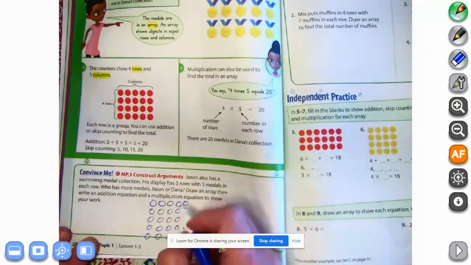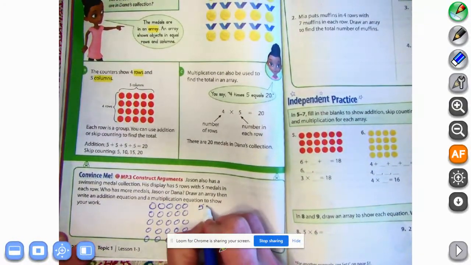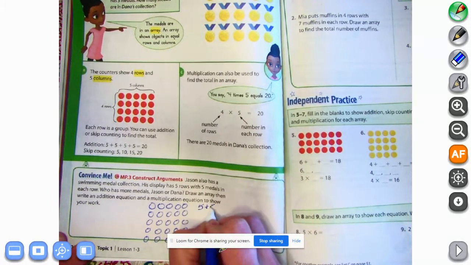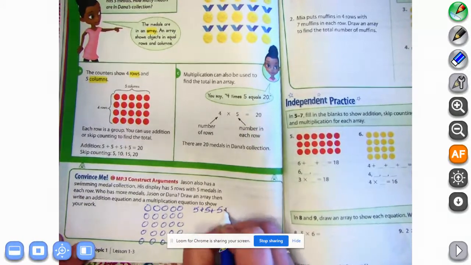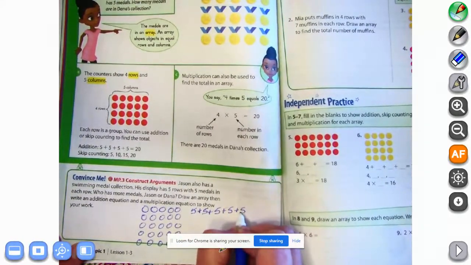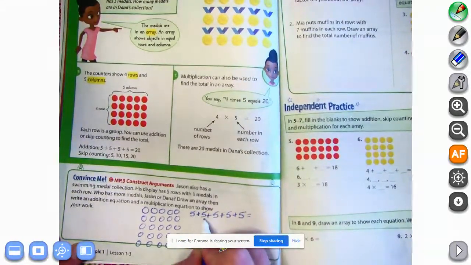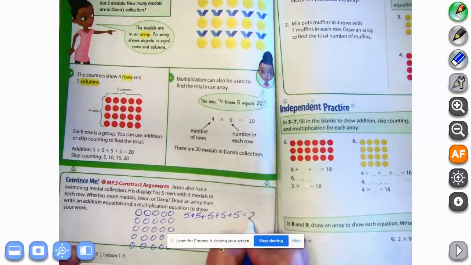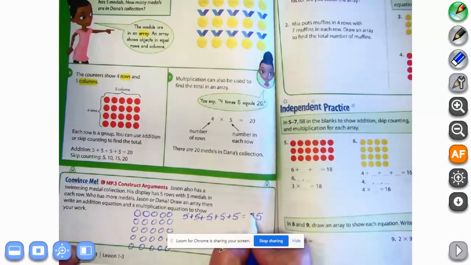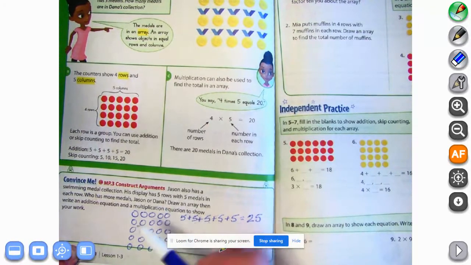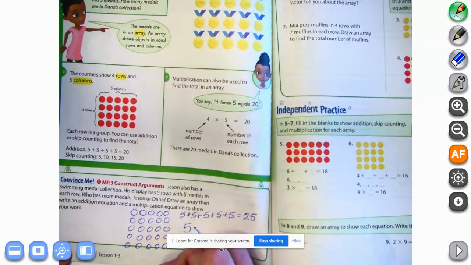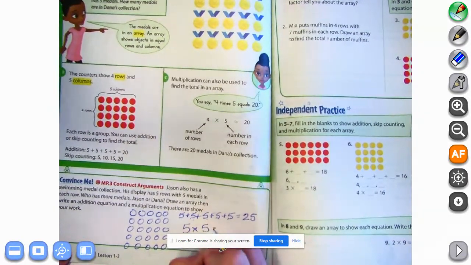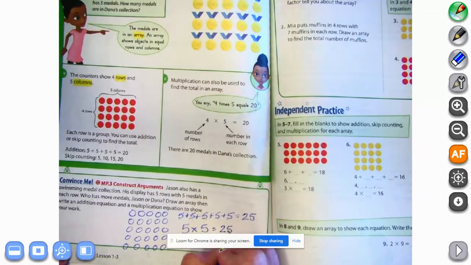Okay, so we have 5 for this row, plus 5, plus 5, plus 5, plus 5. 5, 10, 15, 20, 25. It's 25 medals. So that is the same as saying, how many groups of 5 do I have? 1, 2, 3, 4, 5 groups. 5 groups of 5 is equal to 25.